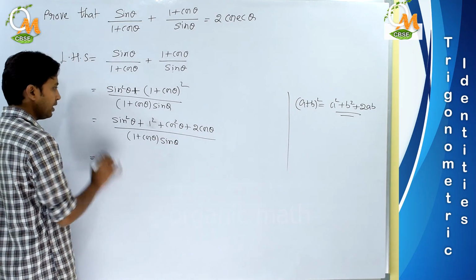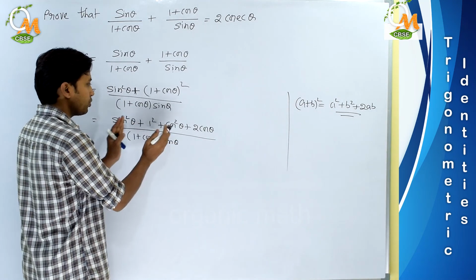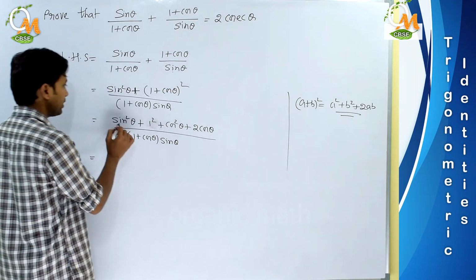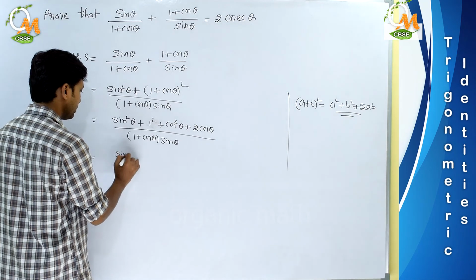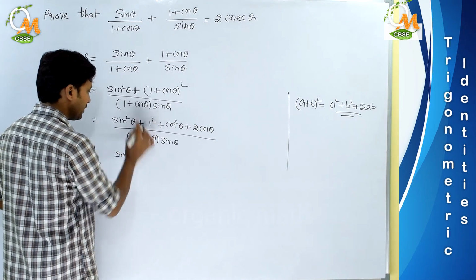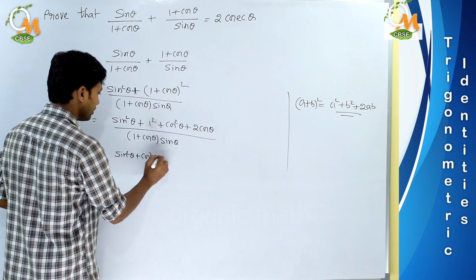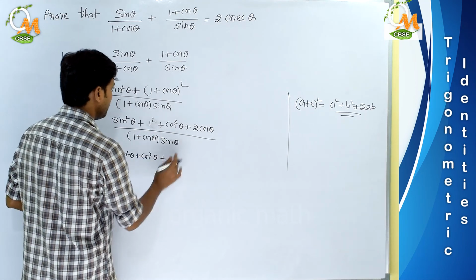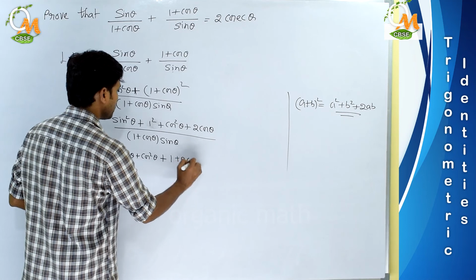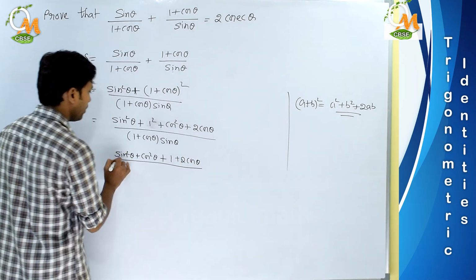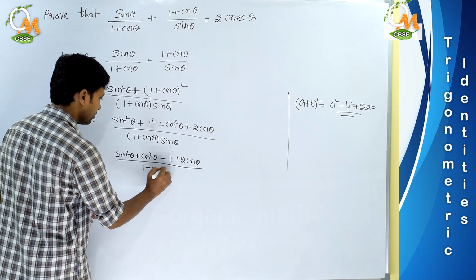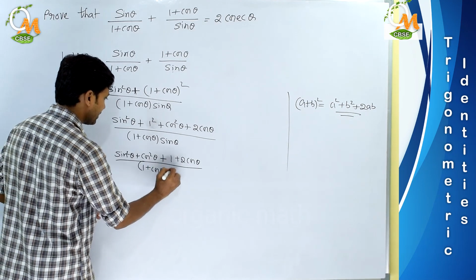Now just do a small rearrangement in the terms so that it can be further simplified. So here sin square theta plus cos square theta, group it together, plus 1 square can be written as 1, plus 2 cos theta upon 1 plus cos theta into sin theta, as we wrote.